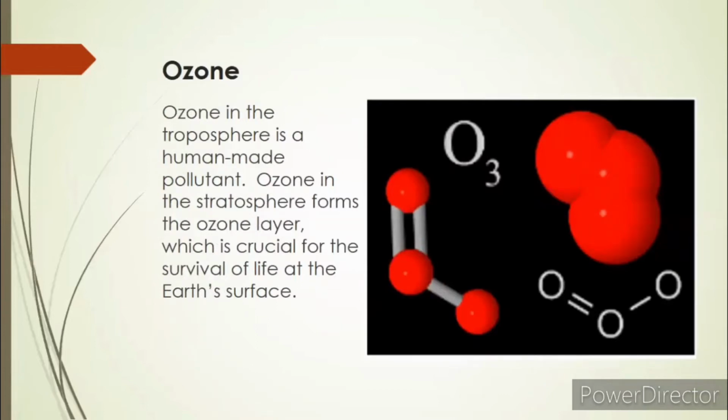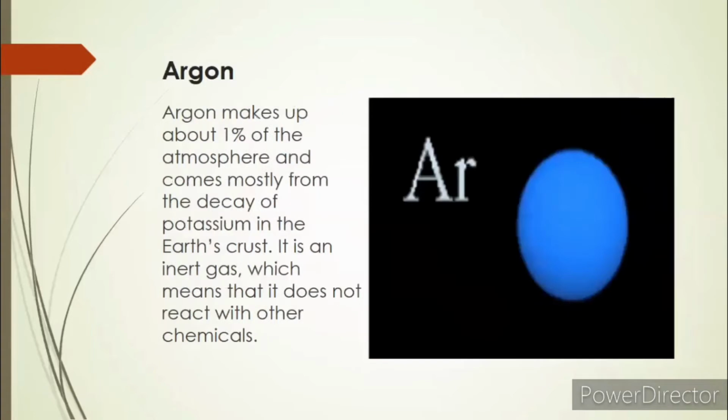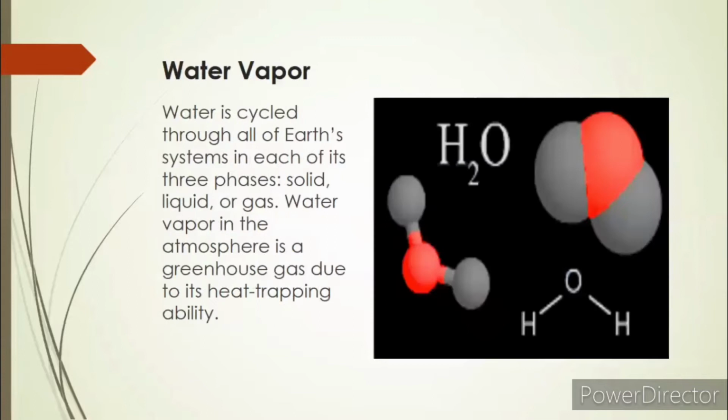Ozone in the stratosphere forms the ozone layer, which is crucial for the survival of life at the Earth's surface. Argon. Argon makes up about 1% of the atmosphere and comes mostly from the decay of potassium in the Earth's crust. It is an inert gas, which means that it does not react with other chemicals.